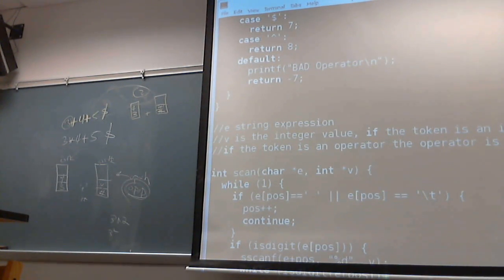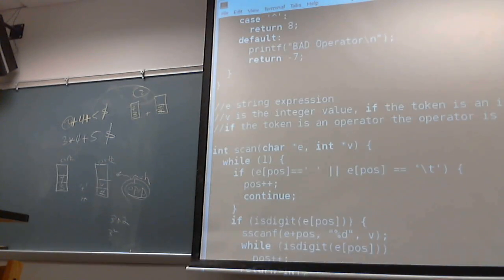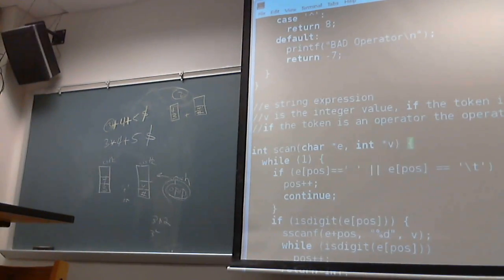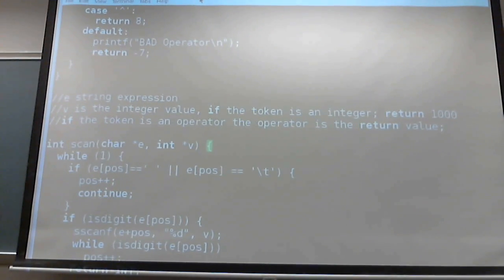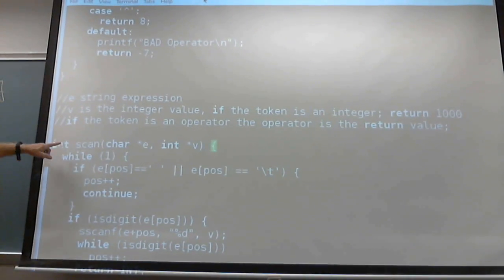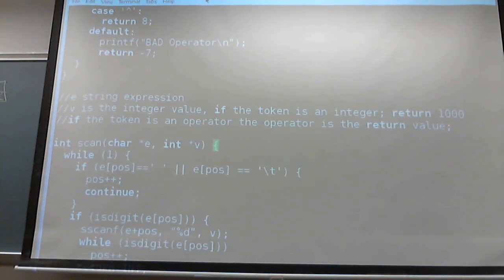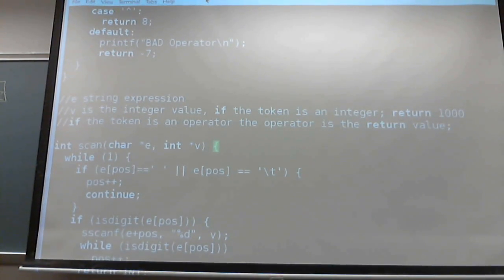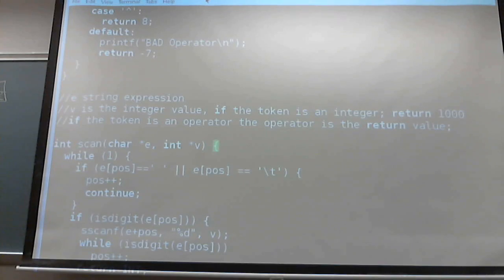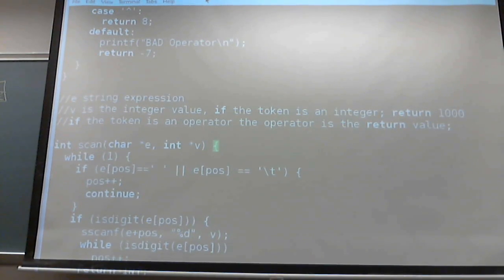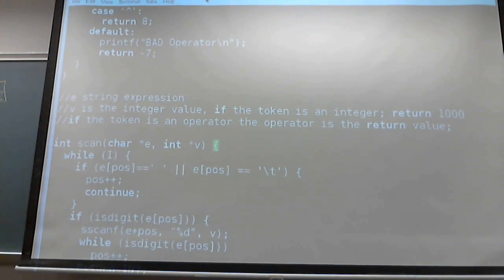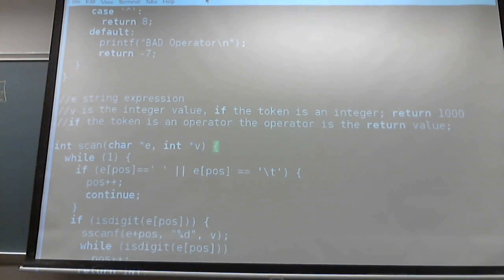Okay, so scan is this kind of nice function. It was not terribly hard. Scan returns a value, which is either the operator. If we're on an operator, it's returning the code for the operator. If we're on a number, it returns 1000, meaning you've got a number, and it puts into V the actual number.